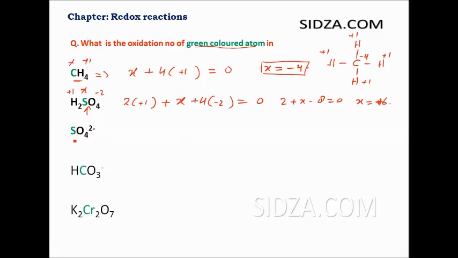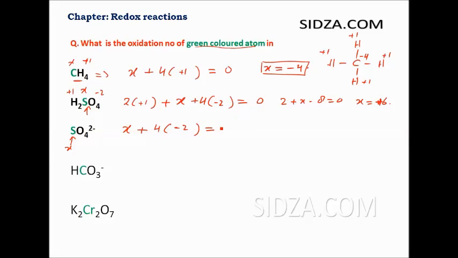Now let's find the oxidation state of the sulfur in the sulfate ion, SO4 2 negative. And again let me take it X, the oxidation state of the sulfur be X, plus we have 4 oxygen atoms, and the oxidation state of the oxygen always is -2, will be equal to the charge on the ion. The sulfate ion is not neutral, it has a 2 negative charge, right?